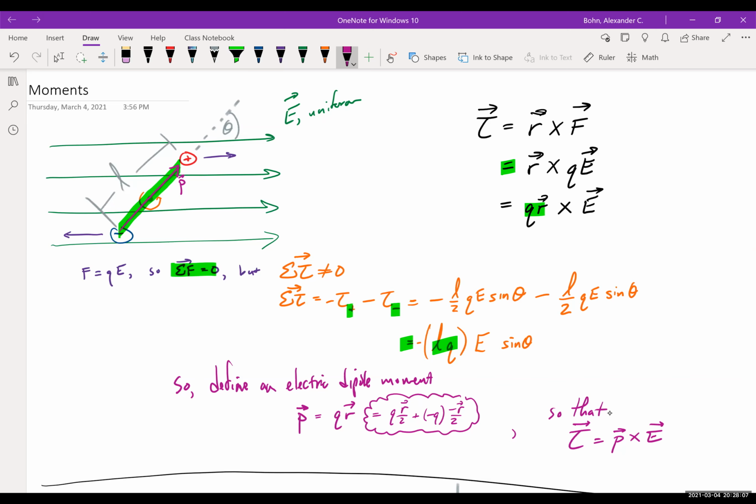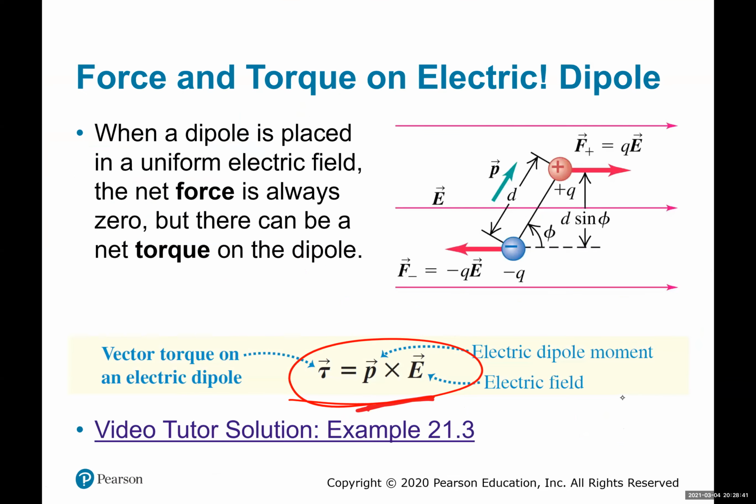If we make that definition, then we can take this expression and rewrite it that way. So that's where that torque equals electric dipole moment cross E comes from. Hopefully, this slide makes a little bit more sense now.